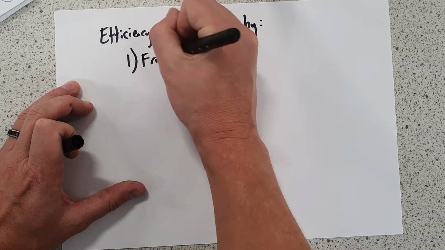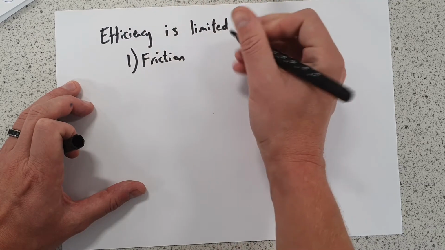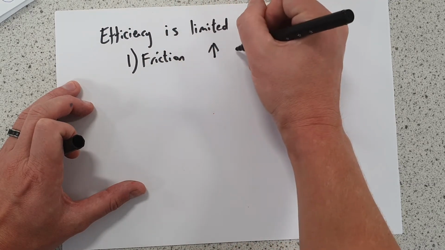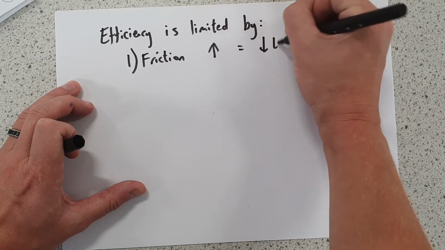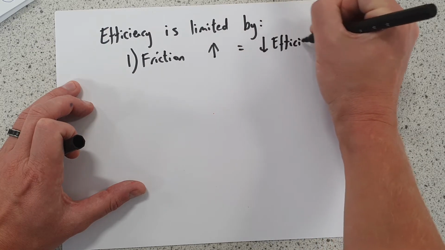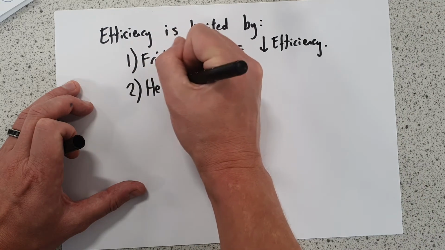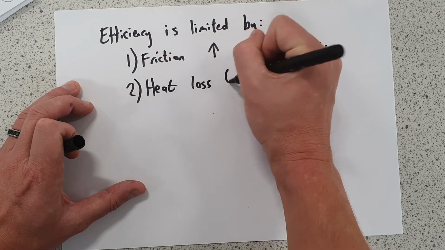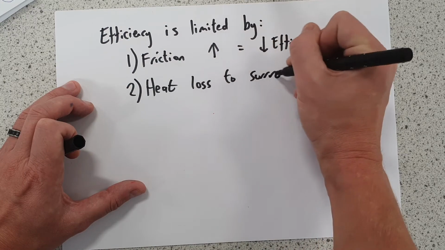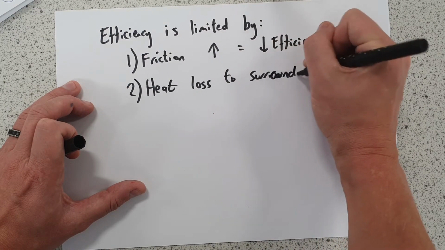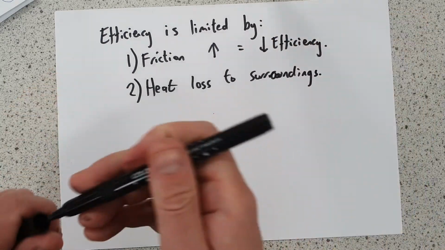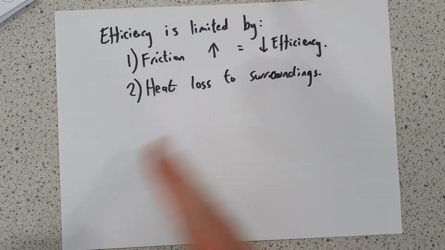One is friction, so the more friction, the lower the efficiency, and two, heat loss to the surroundings. So if heat is being lost into the surroundings, it's not going into that system, so therefore it's lost.